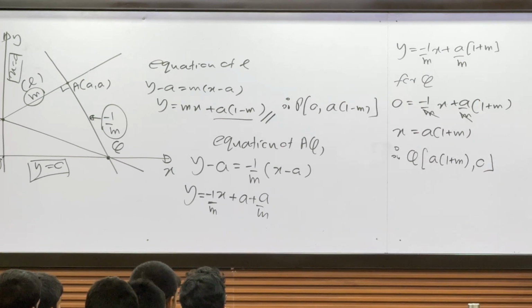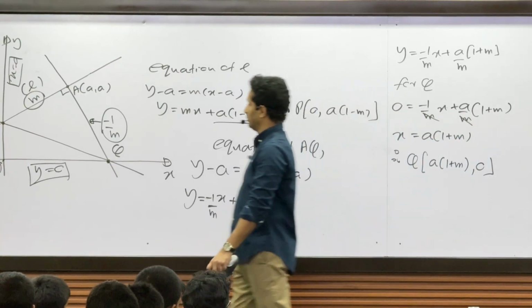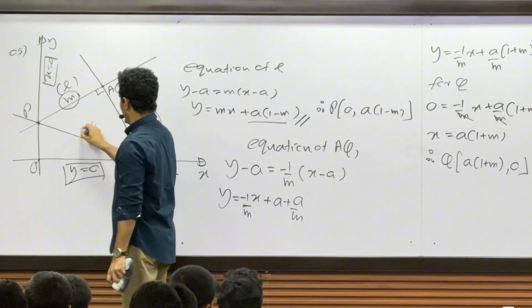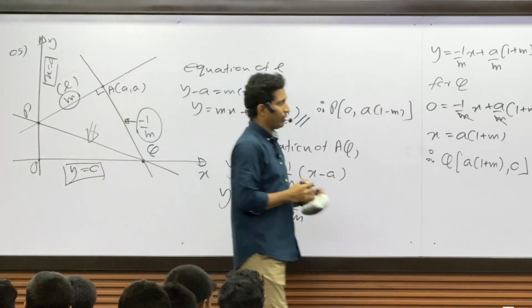Now according to that method, since you know the intercepts on the x and y axes of this line, they asked to find the equation of PQ.